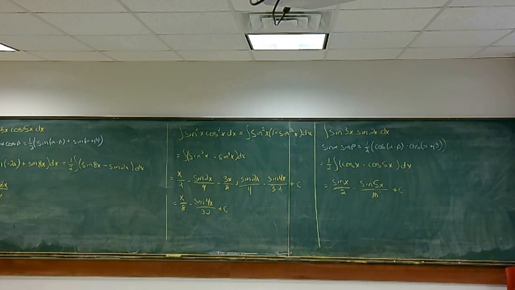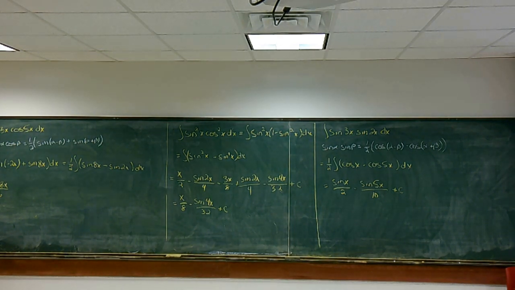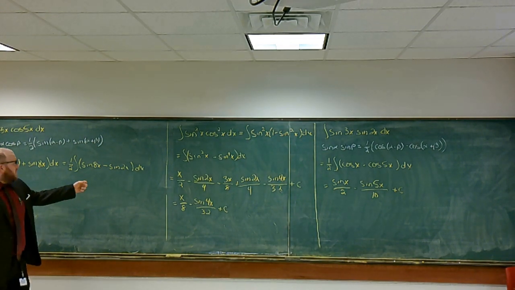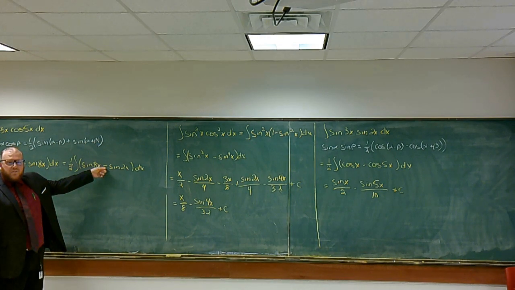What is the antiderivative of sine of 2x? Could be plus cosine 2x divided by 2. Are you incorporating that minus?